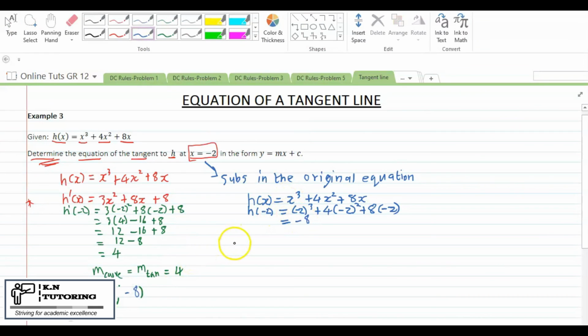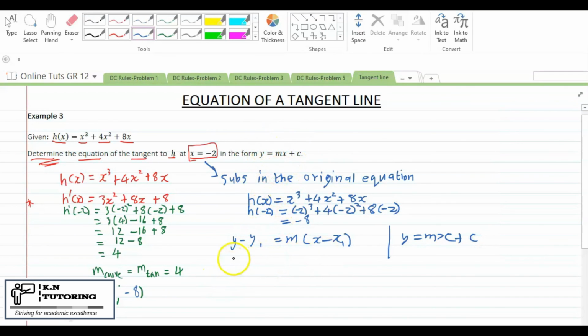Now I can substitute this in the general equation of a straight line, which says y minus y1 is equal to m into x minus x1. Remember, you can also use y equals mx plus c. At the end, it must be in this form.